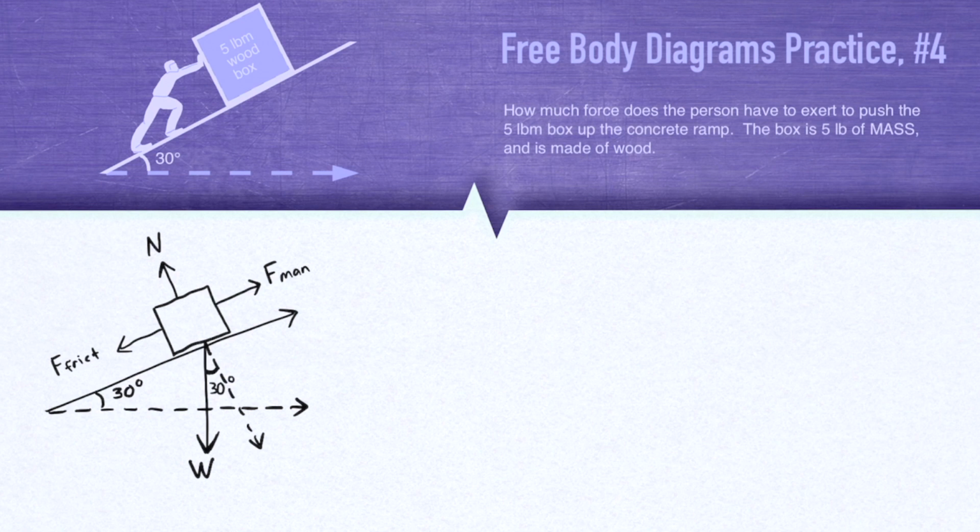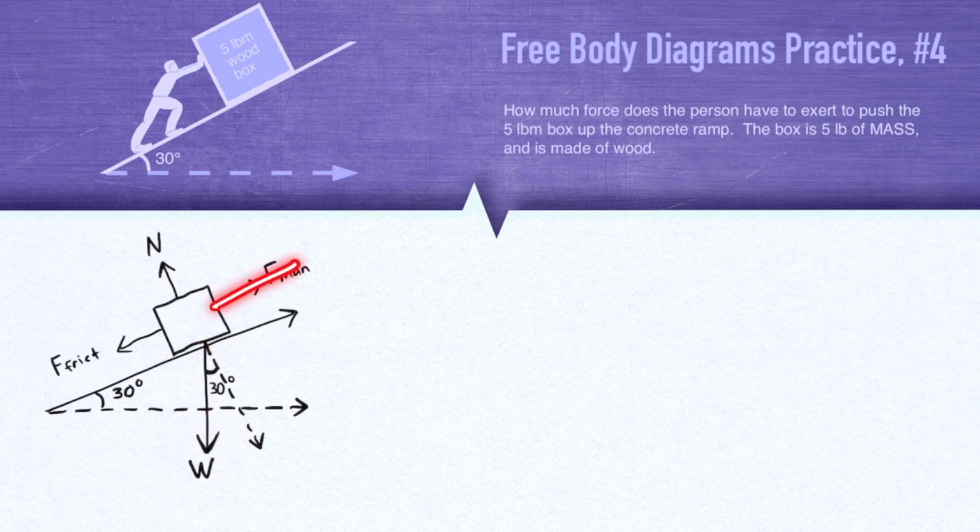It's much easier when the directions are acting cardinal, which is up, down, left, right. So if we look at this picture right here, and we see what forces are acting up, down, left, and right, none of these forces are going in the up, down, left, right direction except for weight. This is acting straight down.